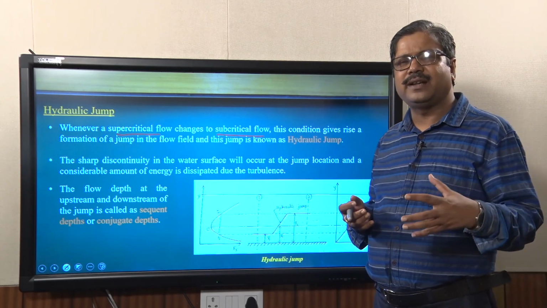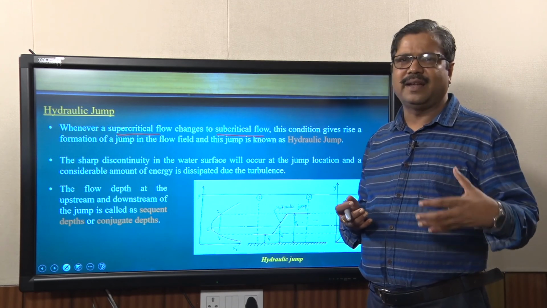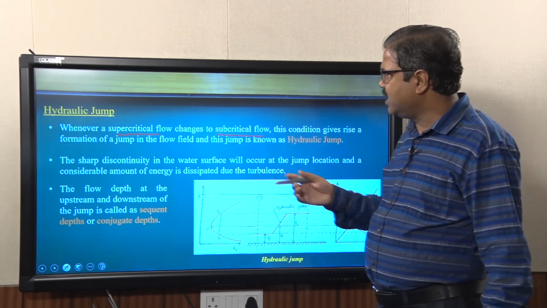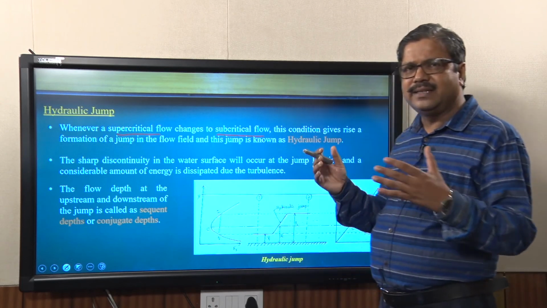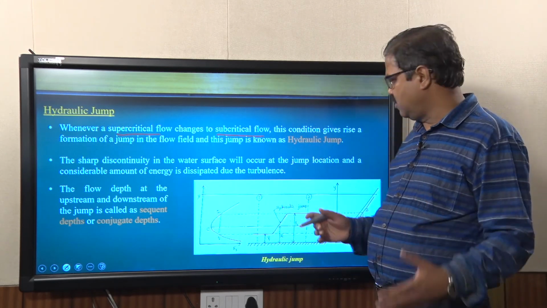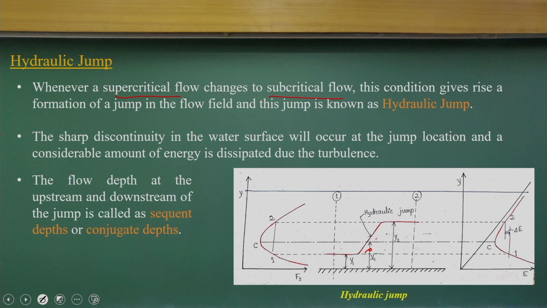In supercritical flow the velocity is higher and the depth is lesser. That is the condition where there is a formation of hydraulic jumps. Now look at the specific energy curve. If I consider y1, the energy is at this point, and y2 is the energy here.